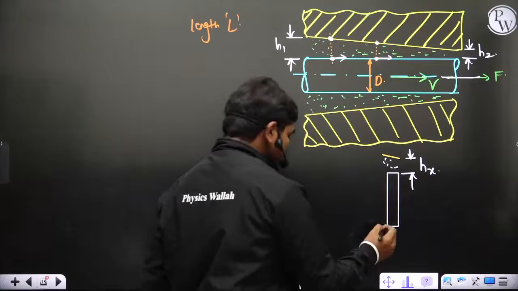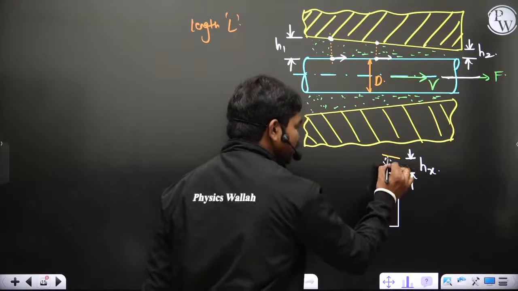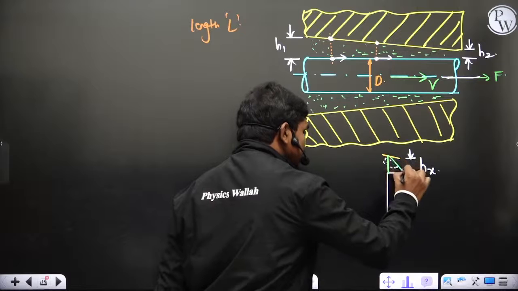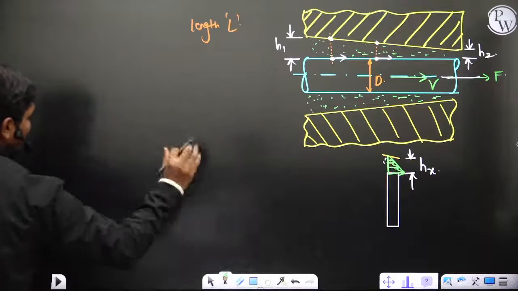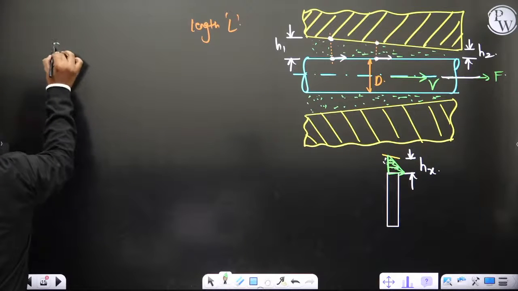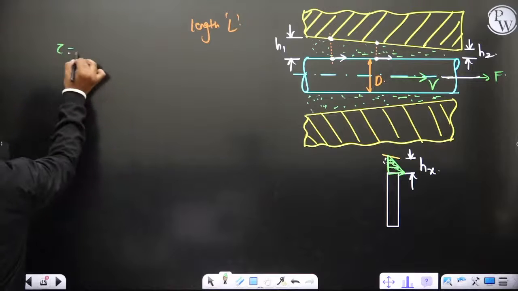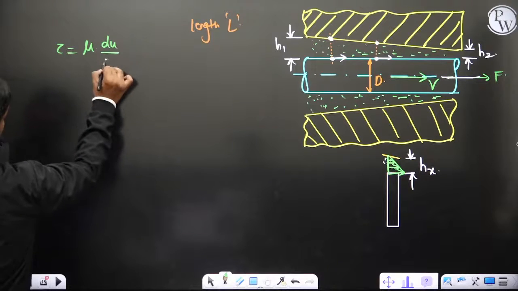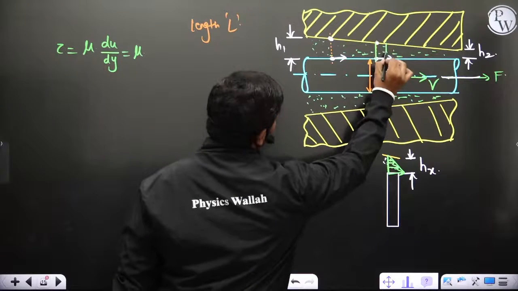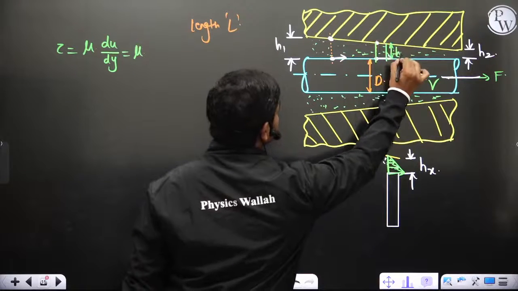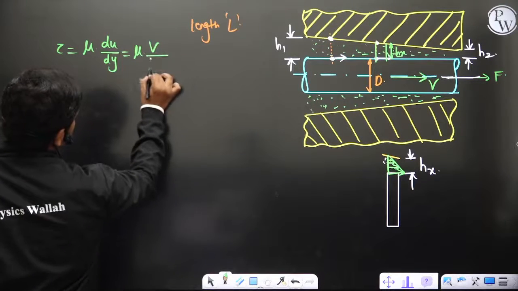Now if this is hx, clearly you can see within a small gap you can assume a linear velocity profile. So let us suppose at this point velocity is changing from 0 to V. Can I say at that small section, elemental shear or shear stress acting at that section is equal to mu into du by dy, which I can write as mu into V divided by hx?